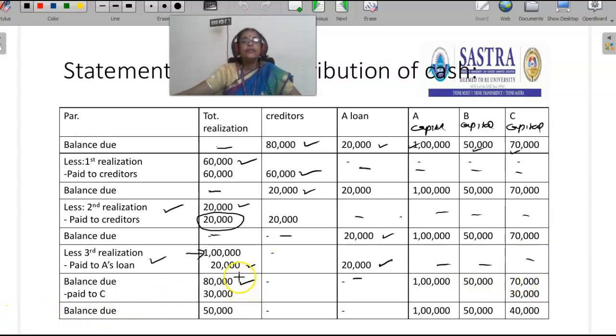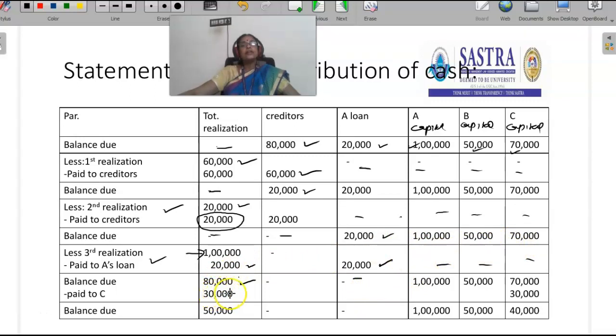Out of this balance amount of 80,000 rupees, they settled creditors as well as A's loan account, and now they have to settle the capital accounts of the partners.